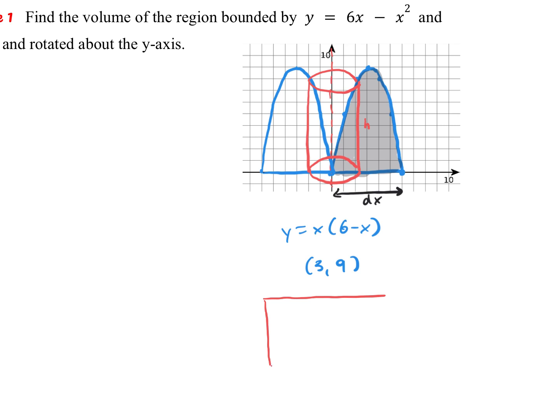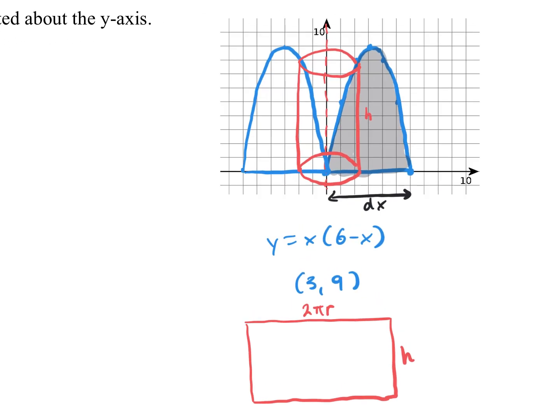And then we just find a way to define the general area of any of those rectangles. So this is h, and remember this is 2 pi r. So you can see we need to define two things. We need to define h in terms of x, and we need to define r in terms of x, because that's how we're integrating. And I can see r is just going to be this distance.